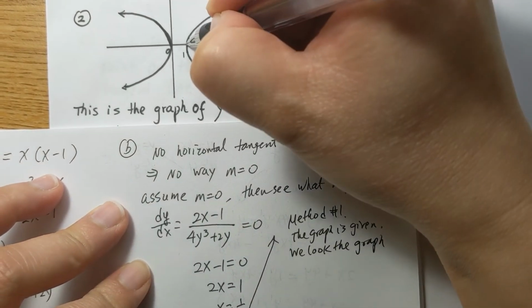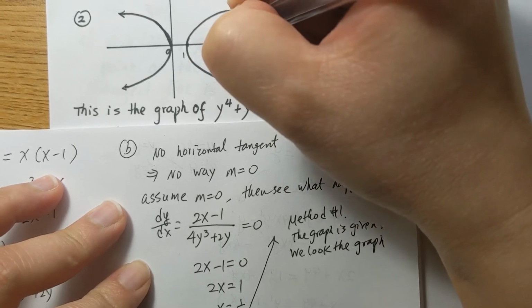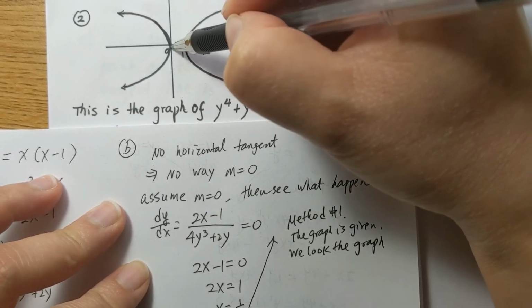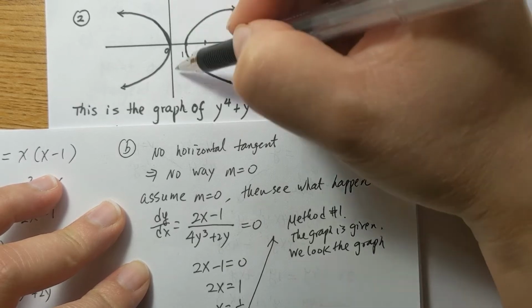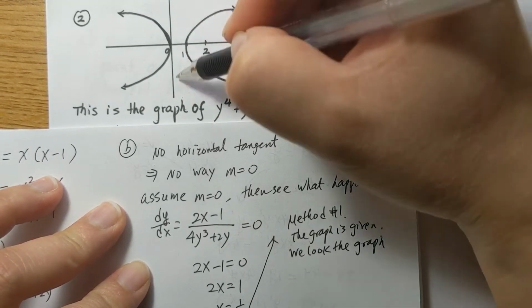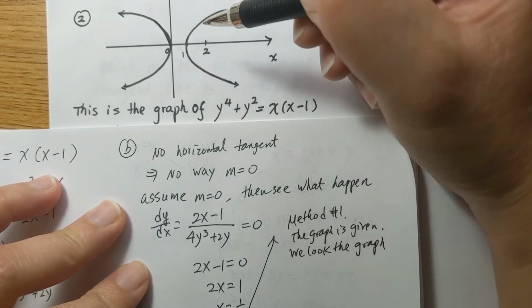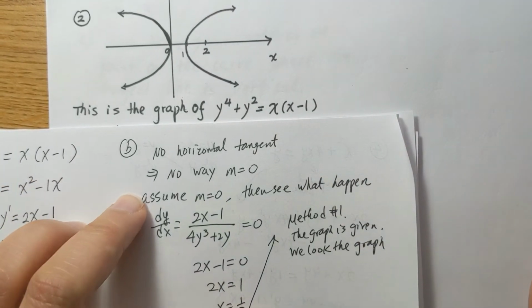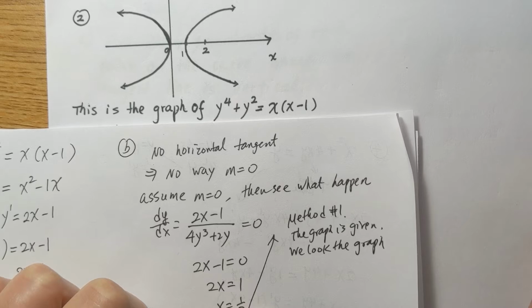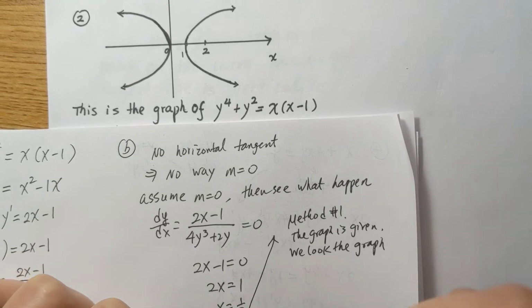This is 0, 1, 2. From 0 to 1, there's nothing over here. That means (half, y) does not exist. So if there's no point over there, then definitely you cannot draw a horizontal tangent.